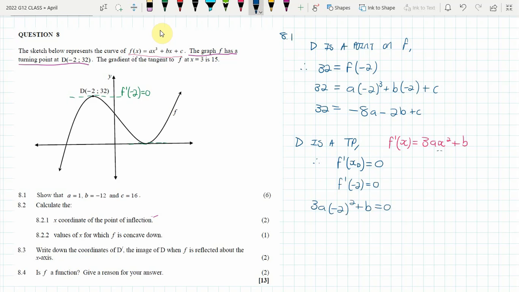Now, what does this one simplify to? Negative 12a plus b. Notice that we have a negative inside and an even power.